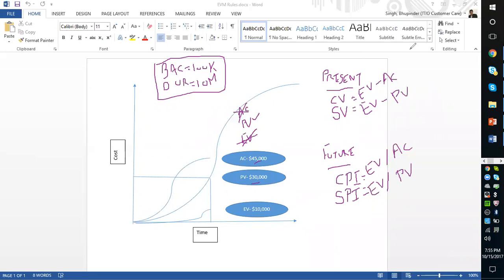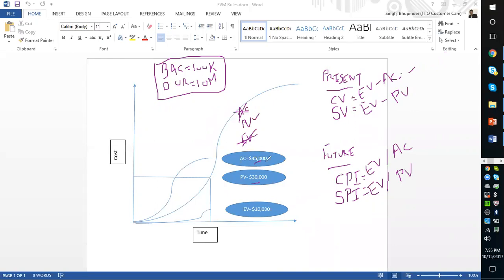So what is the cost variance over here? Earned value was $30,000 and the actual cost was $45,000, minus $15,000. That means we have overspent by $15,000. And schedule variance will come as 30,000 minus, sorry, what did I do?